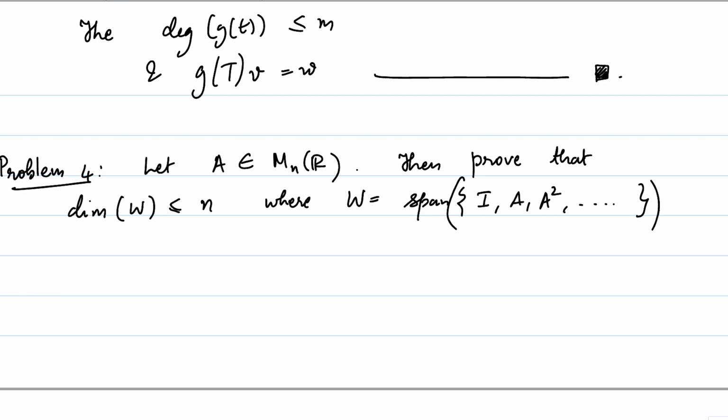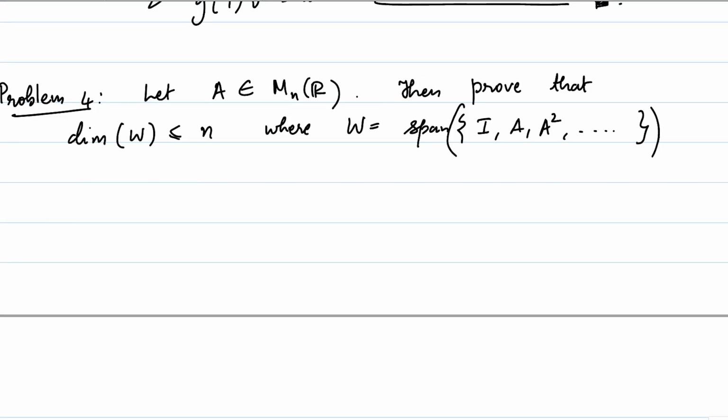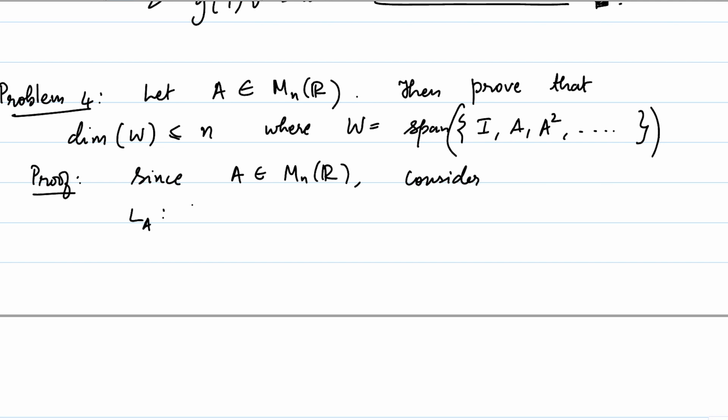Well, that's quite straightforward. So let's see. If we have the power of the Cayley-Hamilton theorem, this is quite straightforward. Notice that an n cross n matrix can be thought of as a linear transformation from R^n to itself. Since A belongs to M_n of R, consider L_A from R^n to itself.